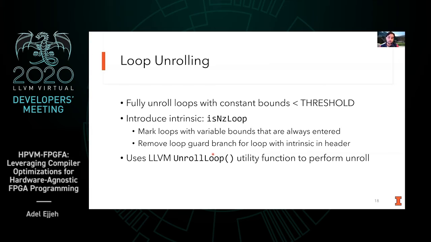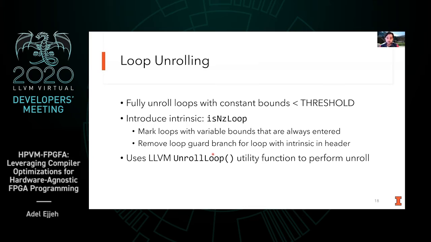For loop unrolling, the pass looks for loops in the kernel function which have bounds less than some threshold and fully unrolls them. In many cases, fully unrolling outer loops provides opportunity for fusion, which is the next optimization that we'll talk about. However, we found that LLVM inserts a loop guard branch for loops with variable bounds. This makes fusion not possible after unrolling.